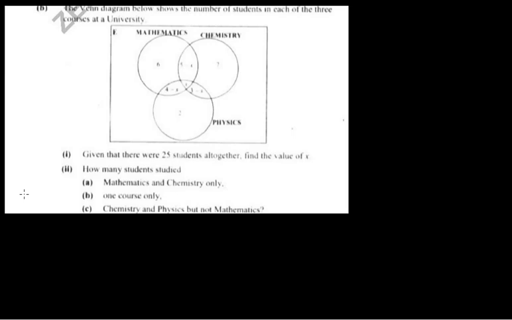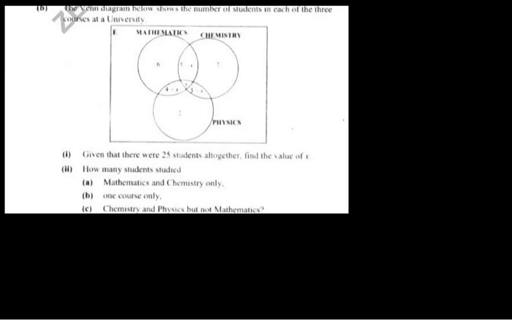Question 3b says the Venn diagram below shows the number of students in each of the 3 courses at a university. We have mathematics, chemistry, and physics. So we have math, chem, and physics.